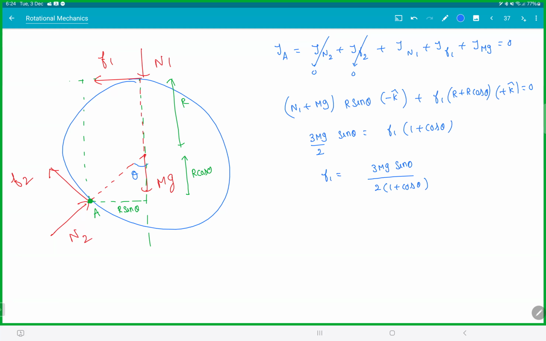Right, Purvaja, F1 is actually equal to F2.